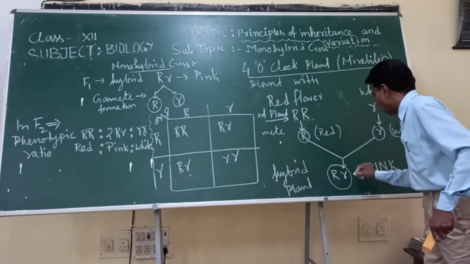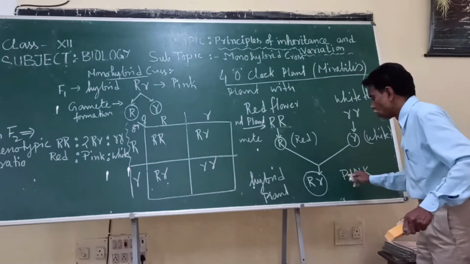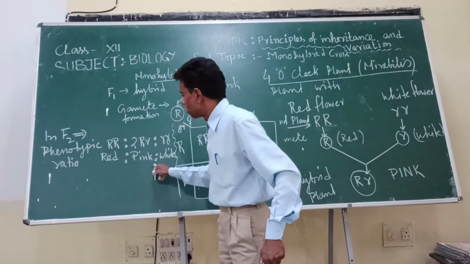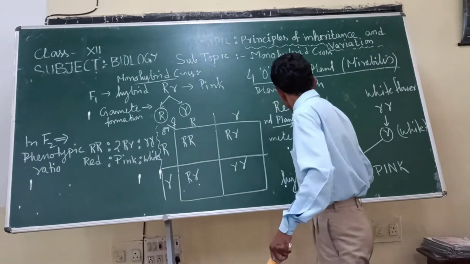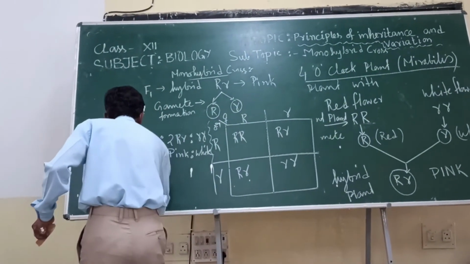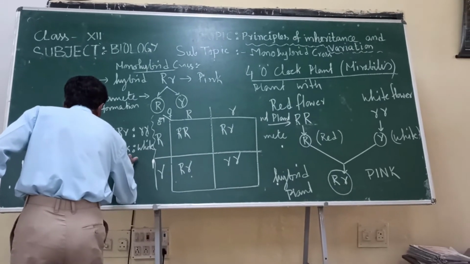In the F1 generation red and white were both missing. All the plants are pink. But in the F2 generation red and white both recovered, and pink also formed, in the ratio of 1 is to 2 is to 1.